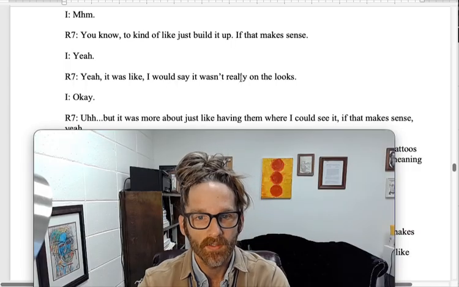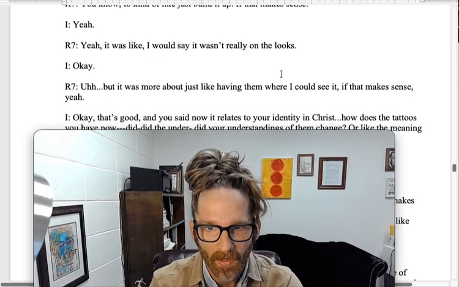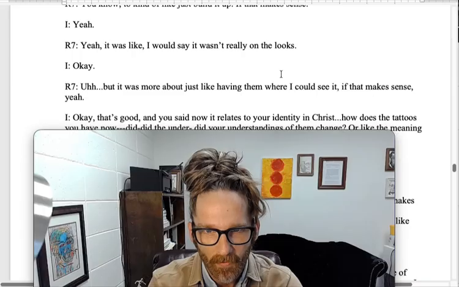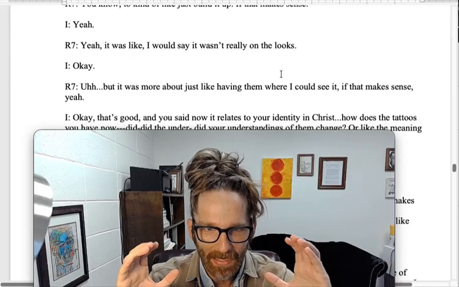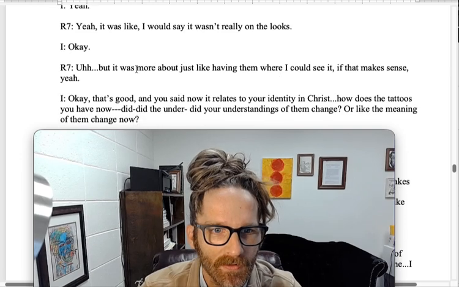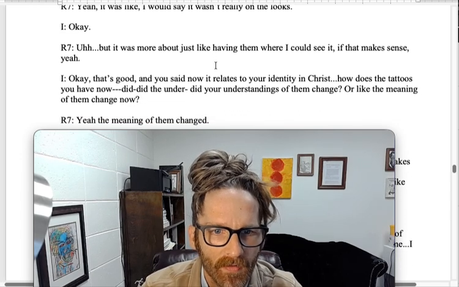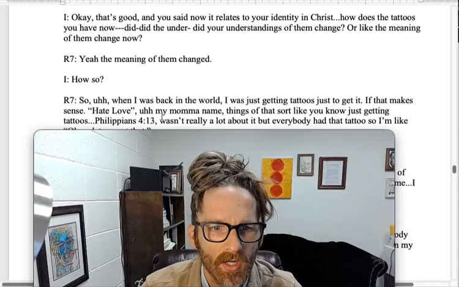So this is still the second meaning unit, we'll say. There was that one little part about the conflict that emerged, but I'm gonna bracket that, sort of separate it out. We're still talking about the desire to get lots of tattoos, having them. I just wanted to see them, I wanted to have them, and then the meaning changed.